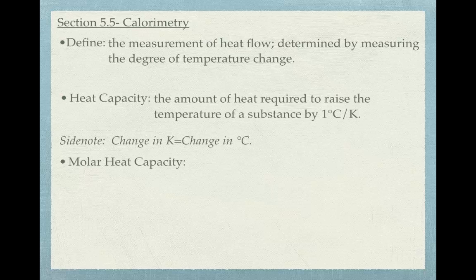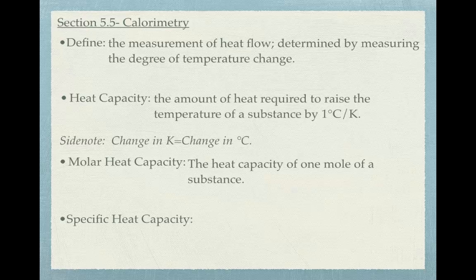Now there are two other types of heat capacity that we need to consider. The first one is molar heat capacity. The molar heat capacity is just the heat capacity of 1 mole of a substance, while the specific heat capacity is the heat capacity of 1 gram of a substance. Since specific heat capacity is a much longer name than simply heat capacity, if we're talking about the specific heat capacity, we often just say the specific heat of a substance.